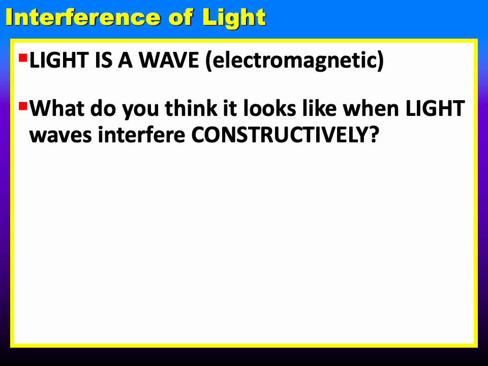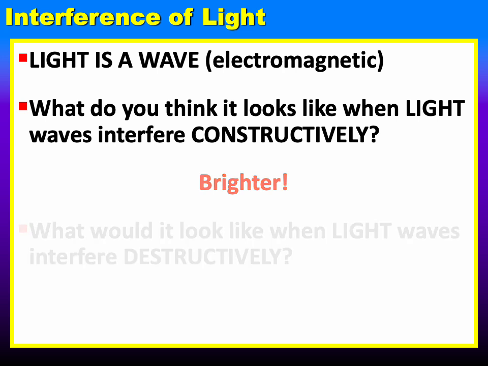So think about what it looks like when light waves interfere constructively, and think about what sound waves sound like. If you have two waves interfere constructively, like when you wandered around the room listening for loud and quiet spots, the constructive interference spots were loud. Well, the equivalent of loud in light is bright.